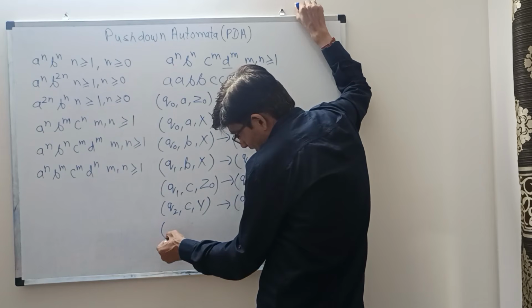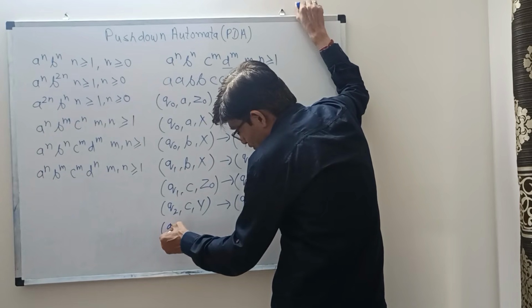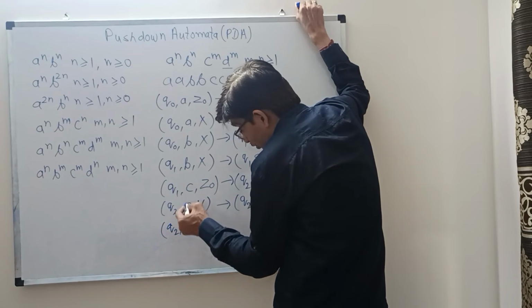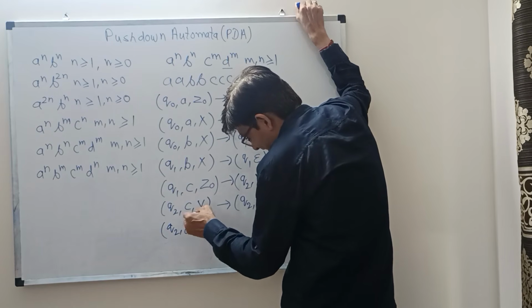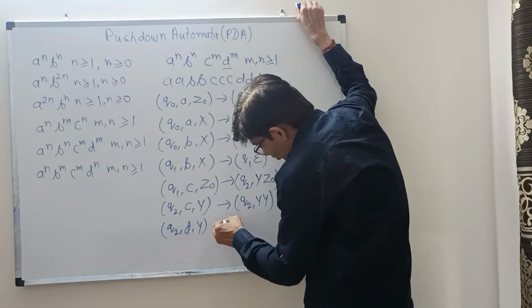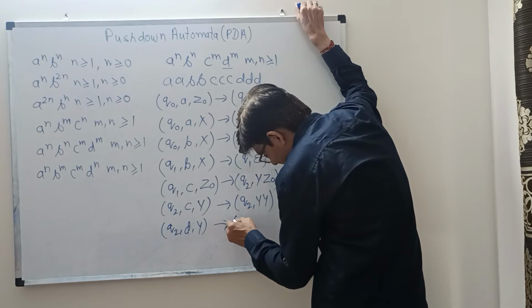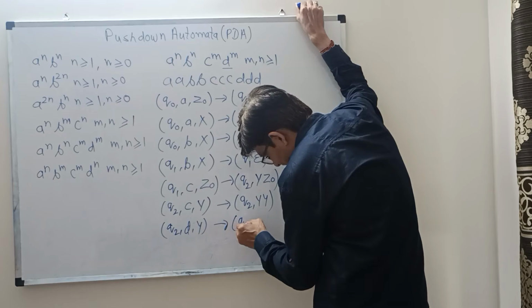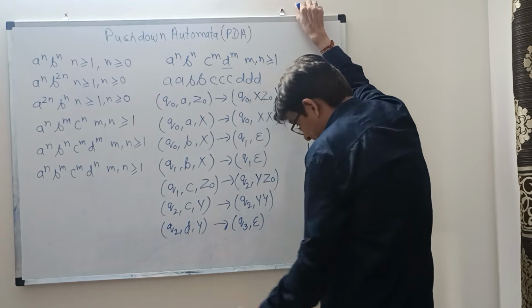Now on Q2 you will read first D, and at that time Y must be the stack top. So I can write it. Whenever I'm reading first D, I can change my state to Q3 and I can pop one element from the stack.